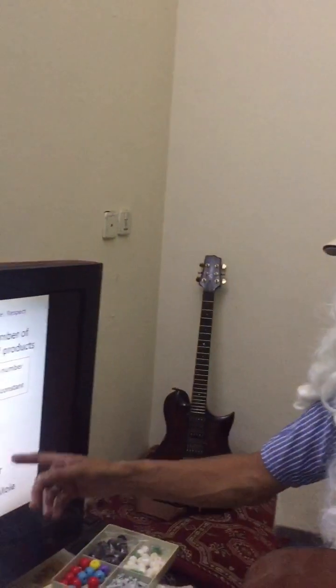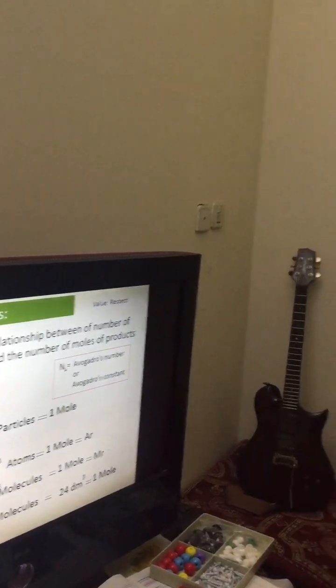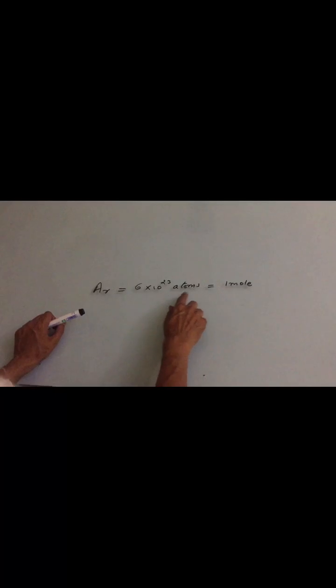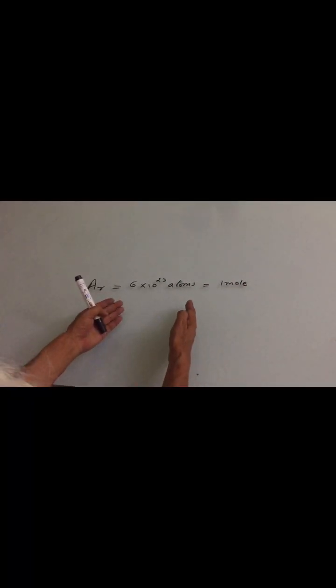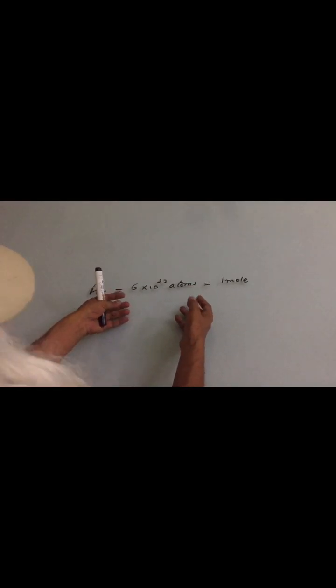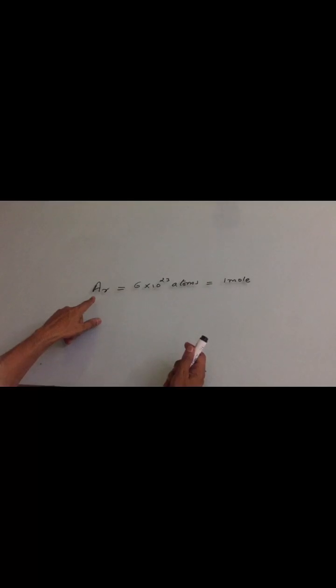We can calculate them with the ratio method or the unit method. Let's go for the ratio method. 6 × 10^23 atoms is equal to 1 mole. When Avogadro puts this many atoms on a weighing machine, the mass will come out equal to the relative atomic mass.